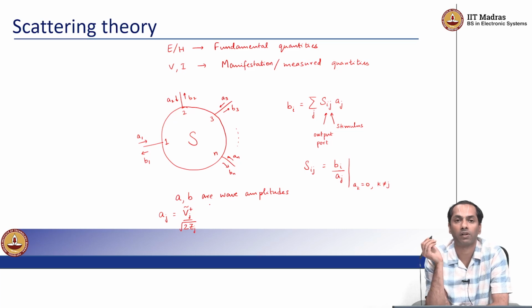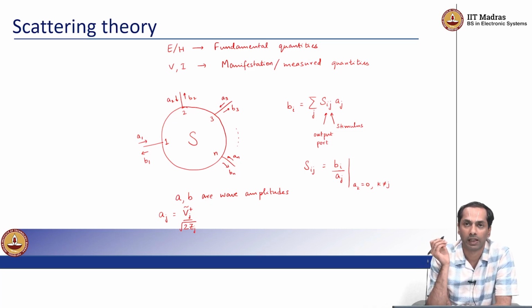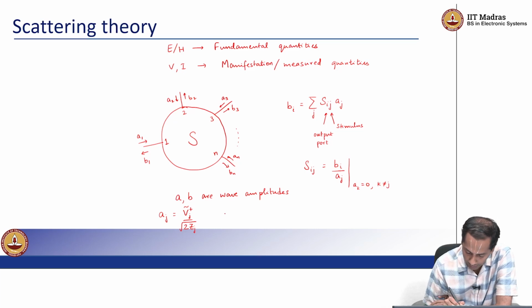This is in the case of transmission lines where we are dealing with voltages, currents and characteristic impedances. In the case of plane waves and modes, we can define Aj as Ej going in the direction of the input, this is also a phasor, divided by square root of 2 eta j.